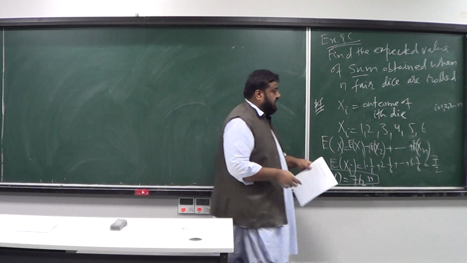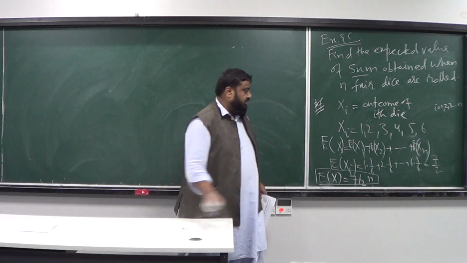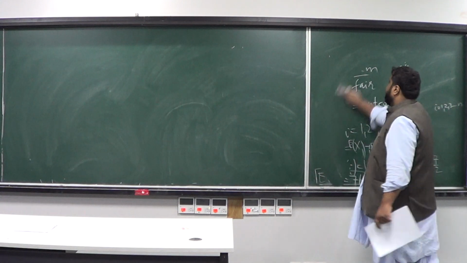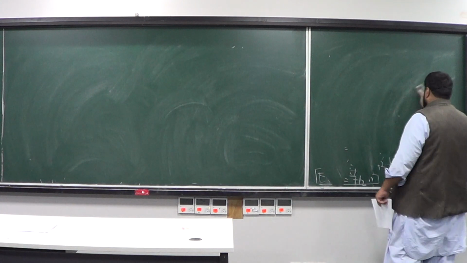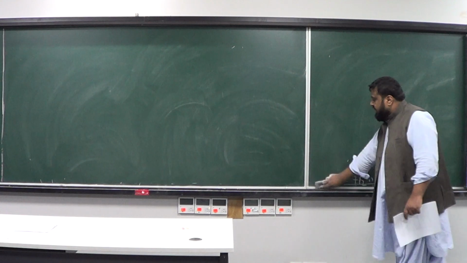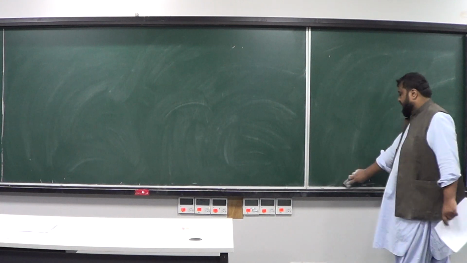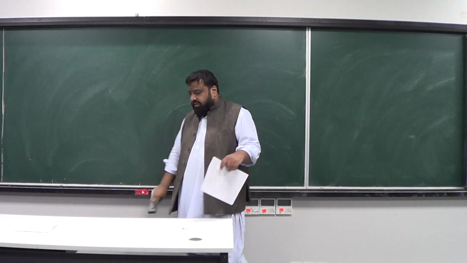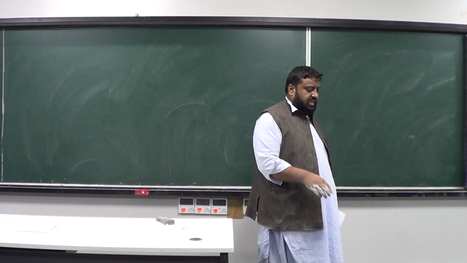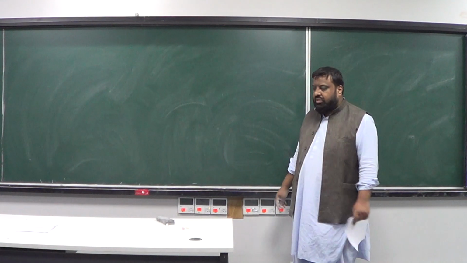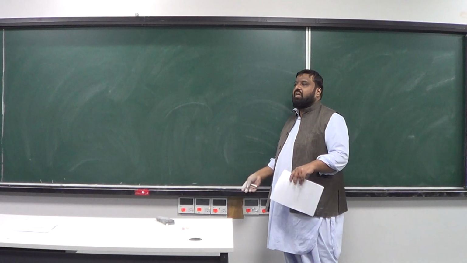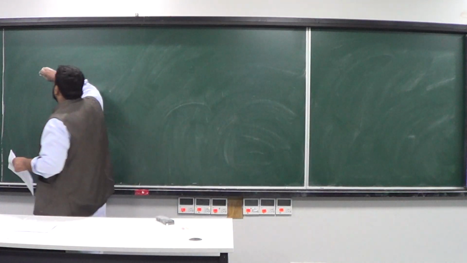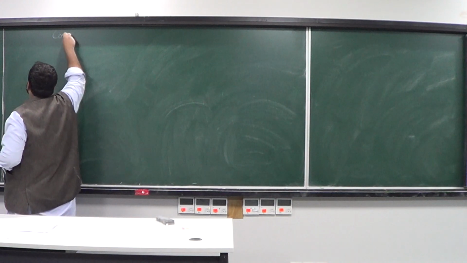Let's move on to chapter number 5. Chapter number 5 is about continuous random variables, and how to do what we did in the discrete case, the same kind of stuff, in the case of continuous time random variables.